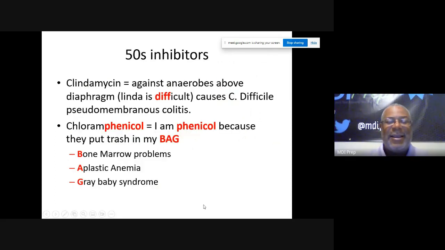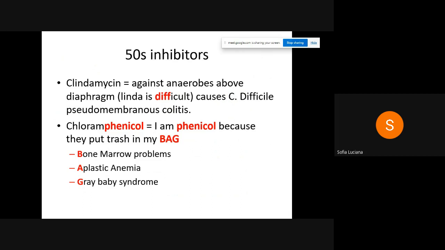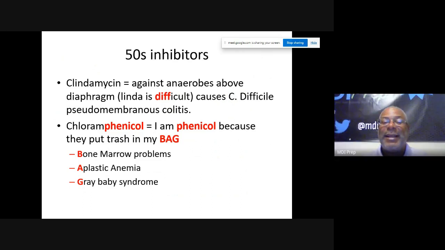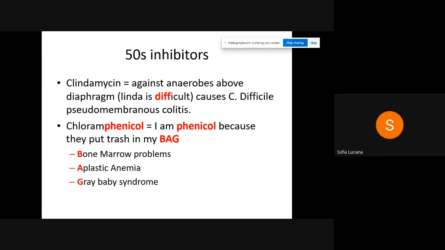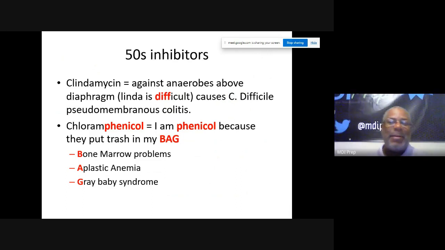Very good. So if I were to ask you to name all of the antibiotics that work at the 30S ribosomal subunit, could you tell me? Did I say 30S or 50S?